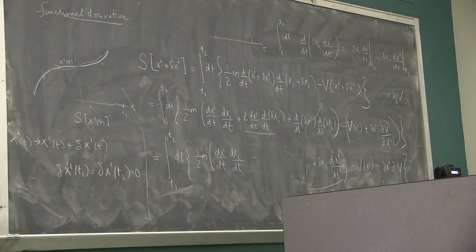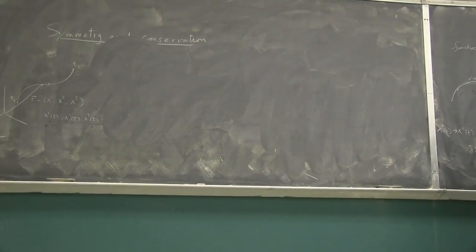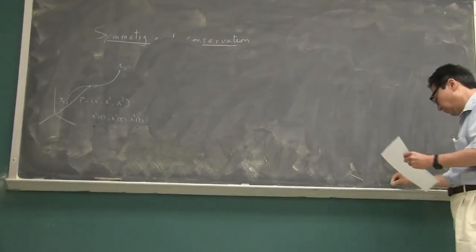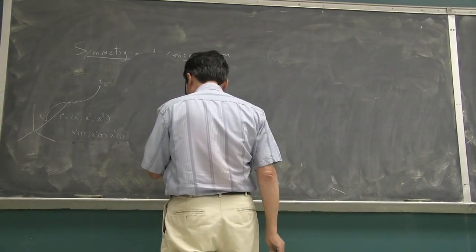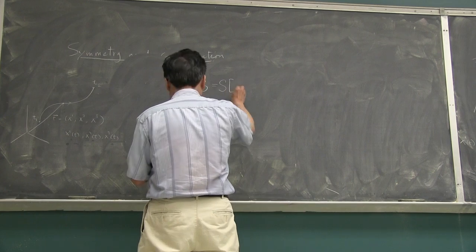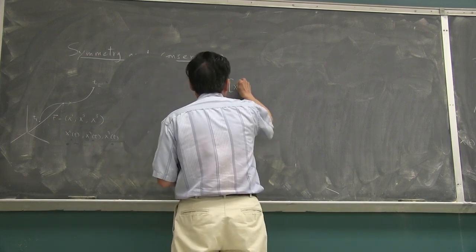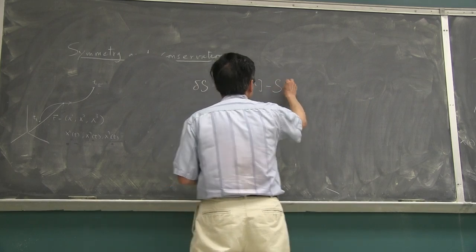So what we are interested in finding now is the change in the classical action when I go from the initial path to the new varied path, and that is written as delta S, by definition S at the new path minus S at the old path.